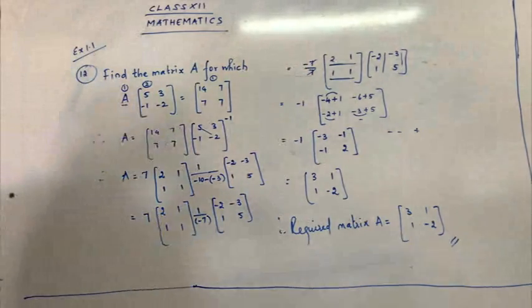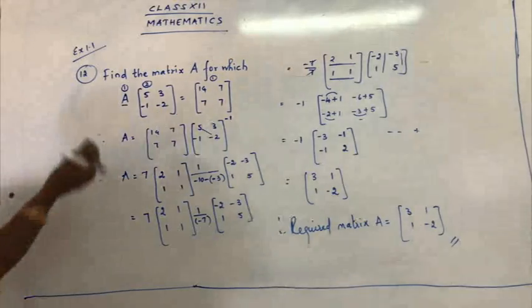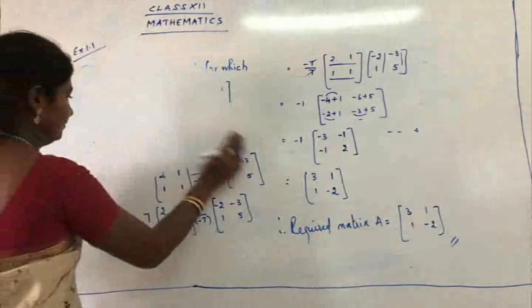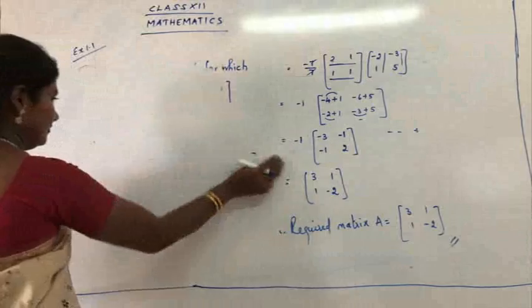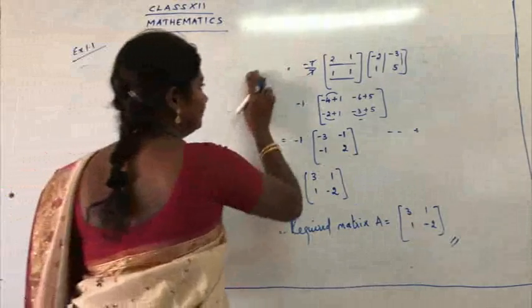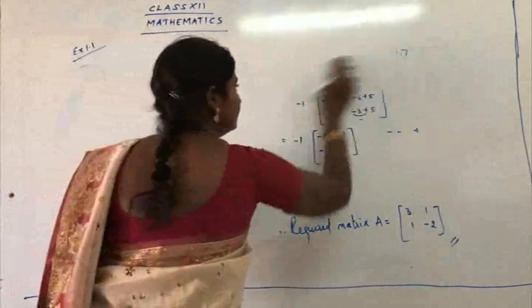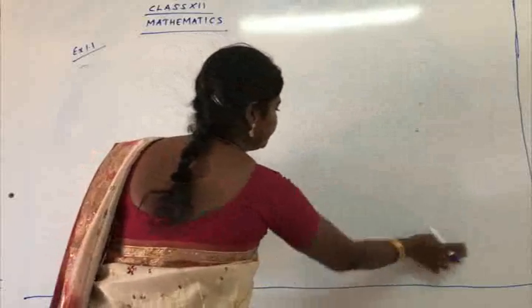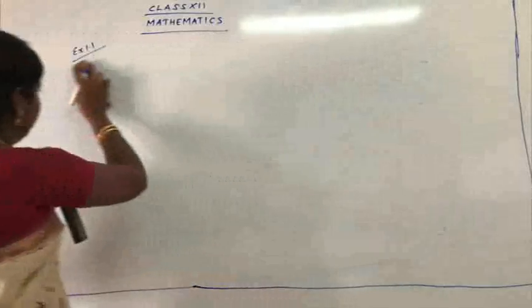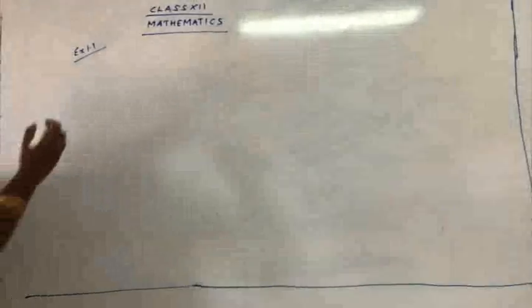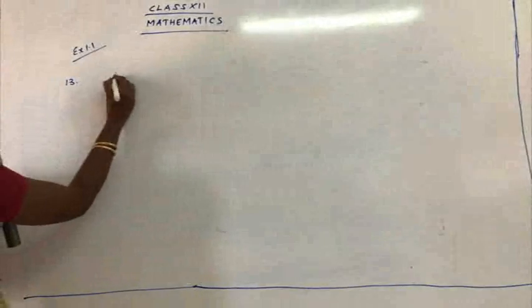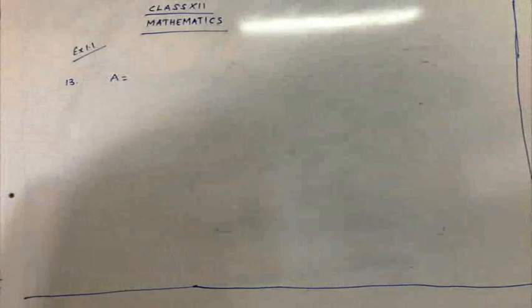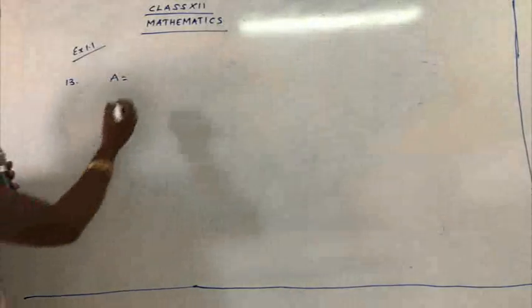Now let's continue with our 13th sum. Take down your questions properly. So what is given to us? A is equal to 1 minus 1, 2, 0.